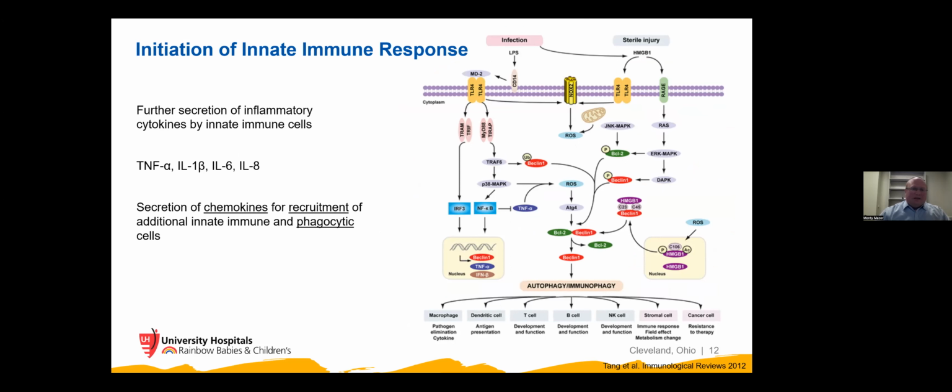Once immune cells that are sitting in the tissue are activated, they start to secrete more inflammatory cytokines to improve recruitment, bring in neutrophils, macrophages, monocytes from the periphery, from the lymphoid tissues, so that they could initiate the initial innate response. And the innate response is obviously not specific to the antigen, but it's just trying to control any damage that's occurring until the adaptive immune system could be activated and initiated.